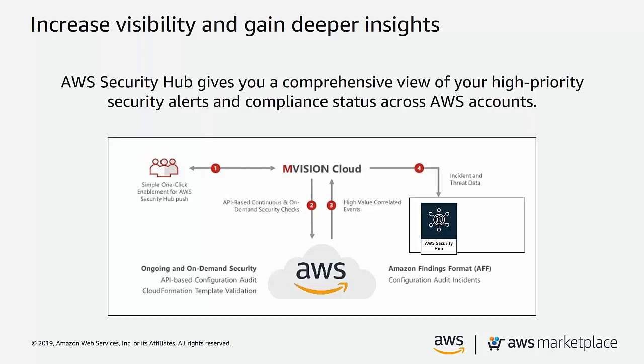Now, some of the cool things you can do with Security Hub is, since you've got all this data coming in a standard format, you can build automation using things like CloudWatch and Lambda, or even other third-party tools, to fire off further tasks or remediation.